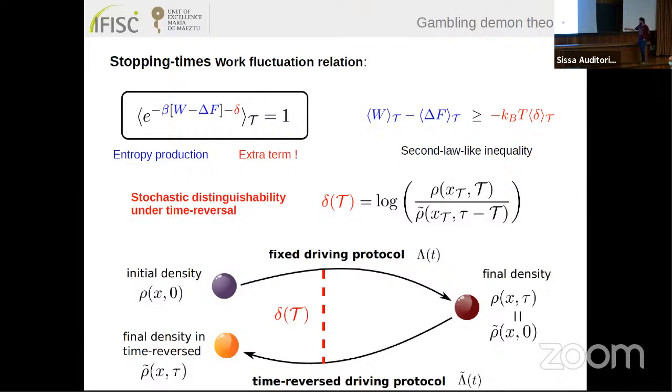And if you apply the time reverse driving protocol, you will not get the same probability density, but a different one. And this stochastic distinguishability essentially measures the difference between these two probability densities at the stopping times.